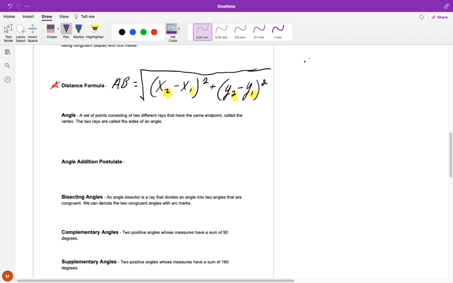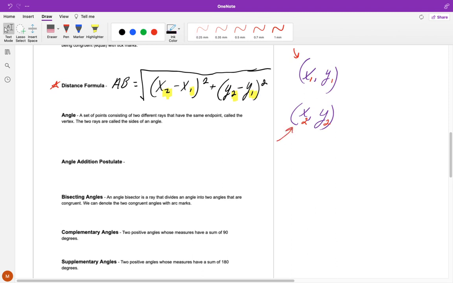Because if I write an ordered pair xy and then another ordered pair xy, well, how do I know which one we're referring to if I just say X? So just like we can say Chi-S to refer to him or Chi-T to refer to them, we can then say, well, I'm going to label these X1, Y1 and label these X2, Y2. So this way I can say X1 and I know we're talking about this ordered pair, or X2 and I know we're talking about this ordered pair.